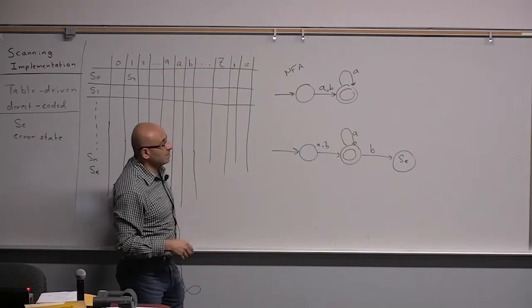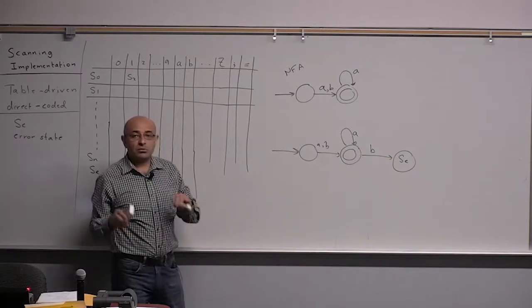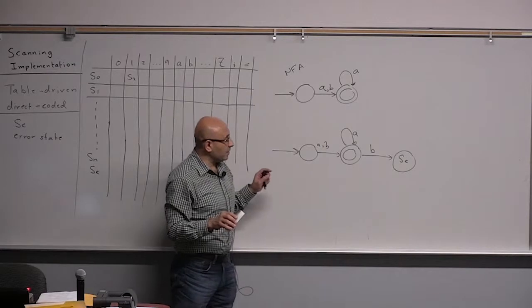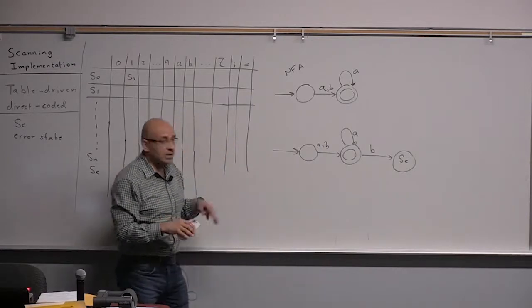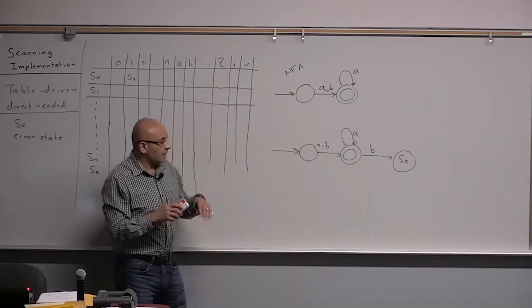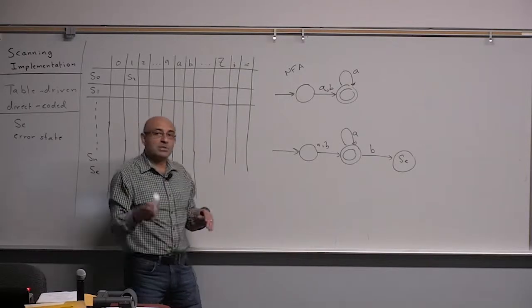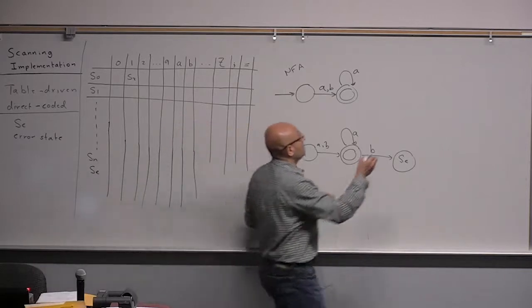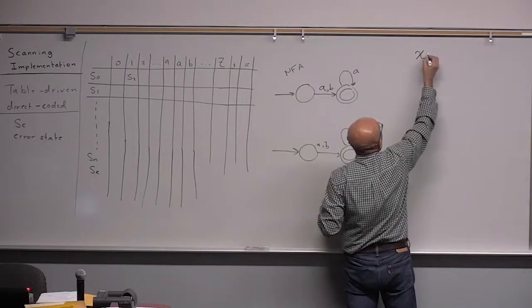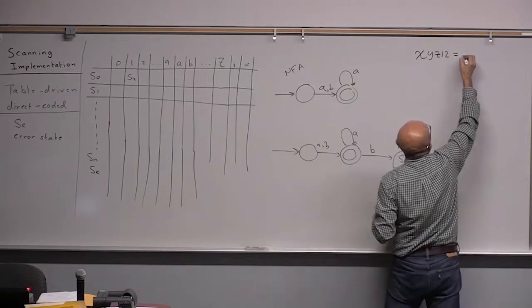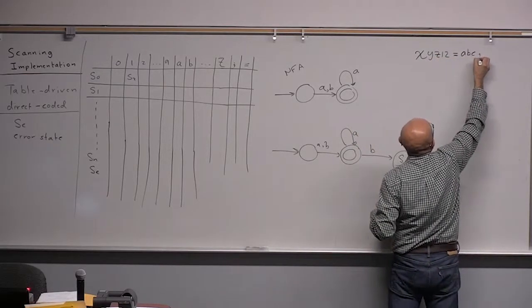And we need this because we need to check if the string that we are scanning is still matching or we stop matching. Remember the example from last time, if you have something like xyz12 equals ABC.